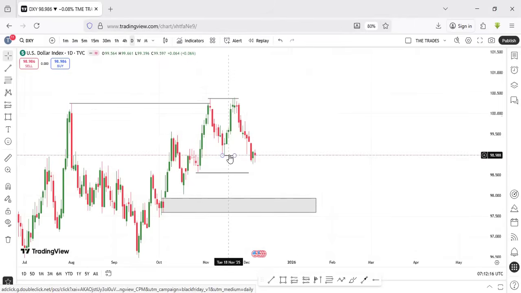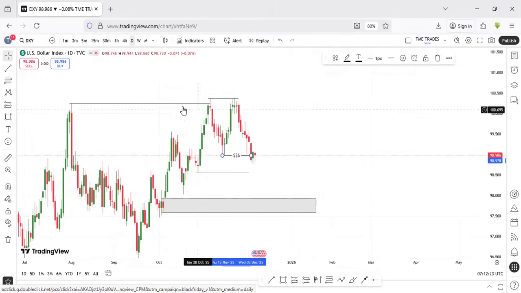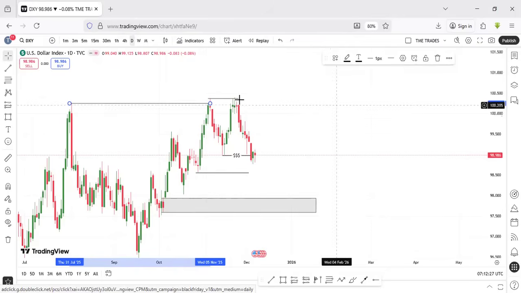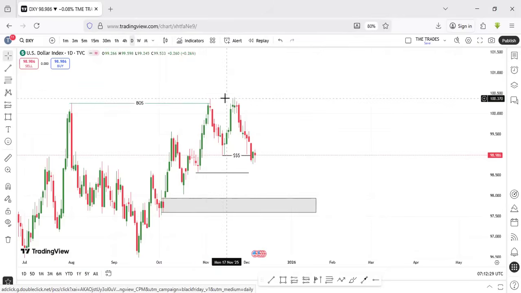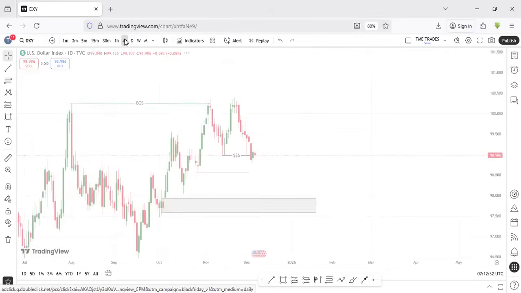But let's proceed. Before we proceed, let's identify this as our liquidity that has been taken. Then we identify this as a break of structure. Then we remove this. Now let's go to 4 hours.